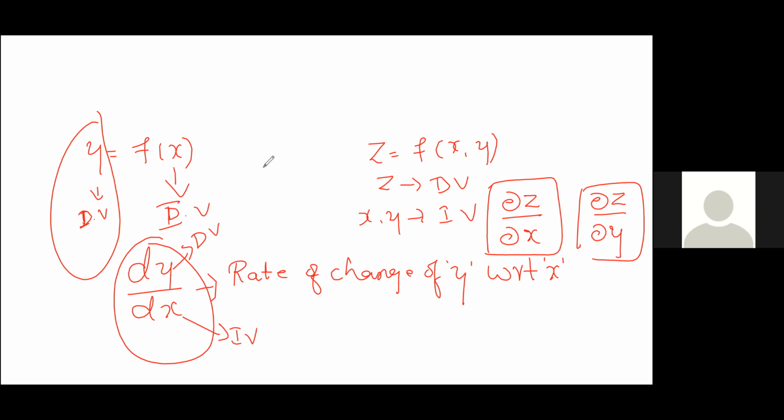So why are we denoting it this way? This is nothing but the curly d symbol, dou z by dou x. Whenever the function depends on more than one variable, you have to apply partial differentiation.